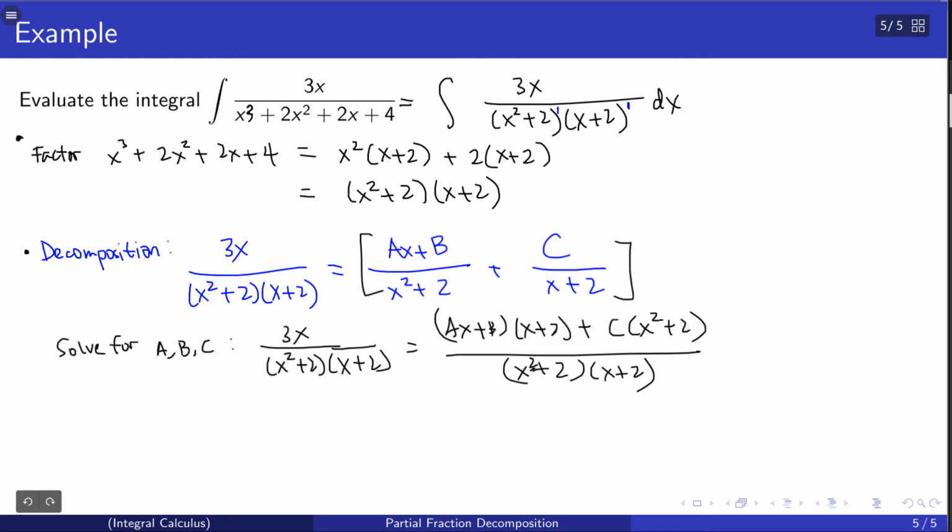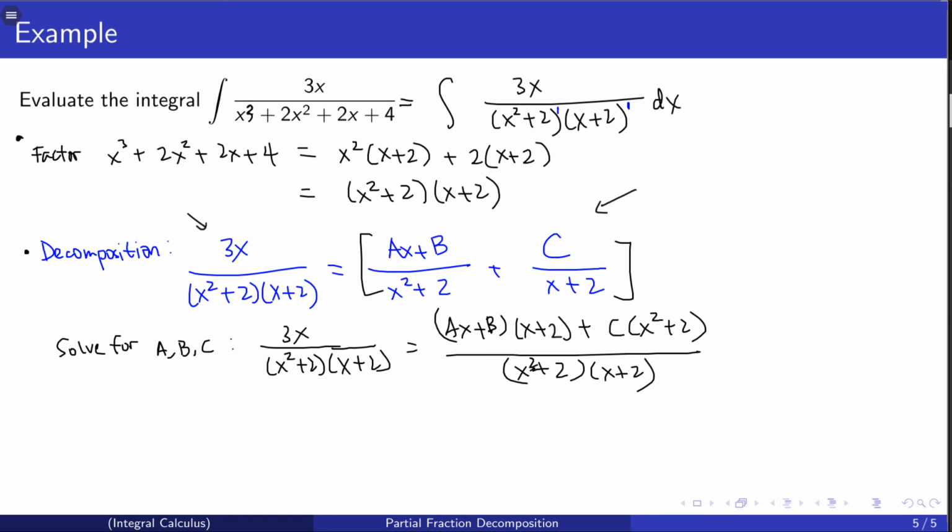Okay, so you have two fractions here, and we want them to be the same, right, for any value of x. Right, so that's the key in what we're doing here. We're trying to get your fraction here into another form that's equal to it, right? Which means any value of x I plug in, I should get the same thing on both sides.